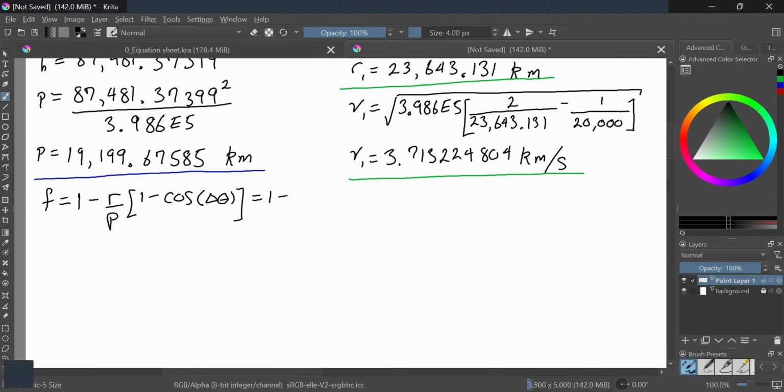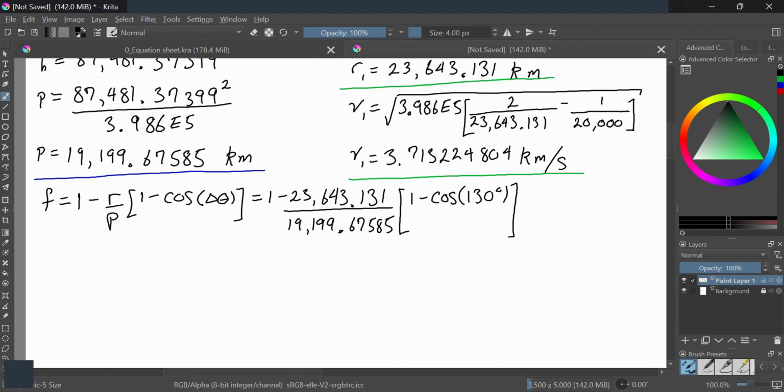So we have 1 minus 23,643.131 over P, which is 19,199.67585, times 1 minus the cosine of 130 degrees.